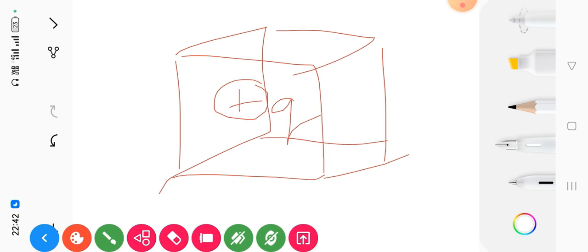Now if I ask you how much electric flux, the amount of electric field, is passing through the whole of this box because of the charge.